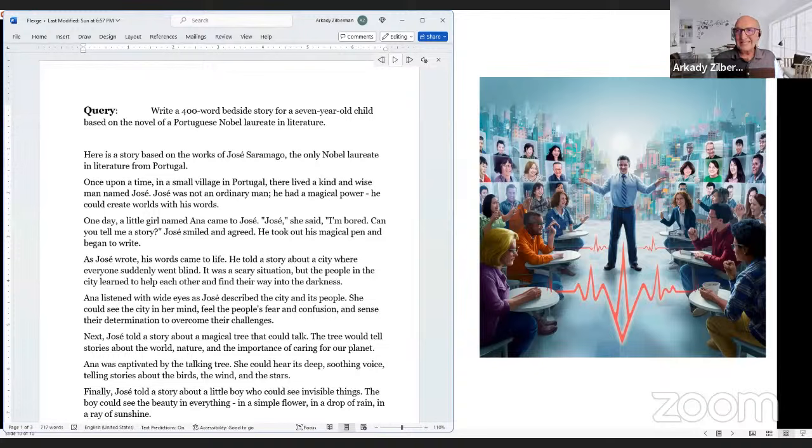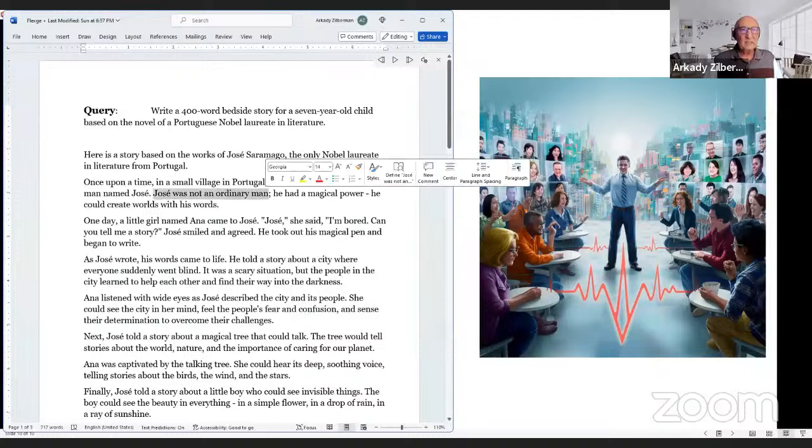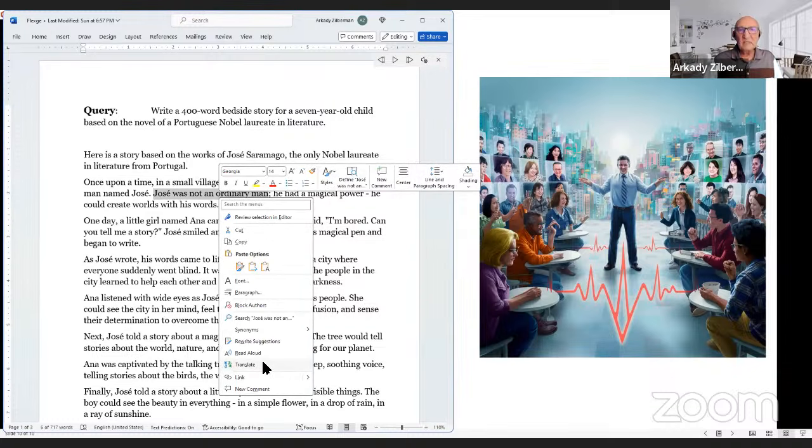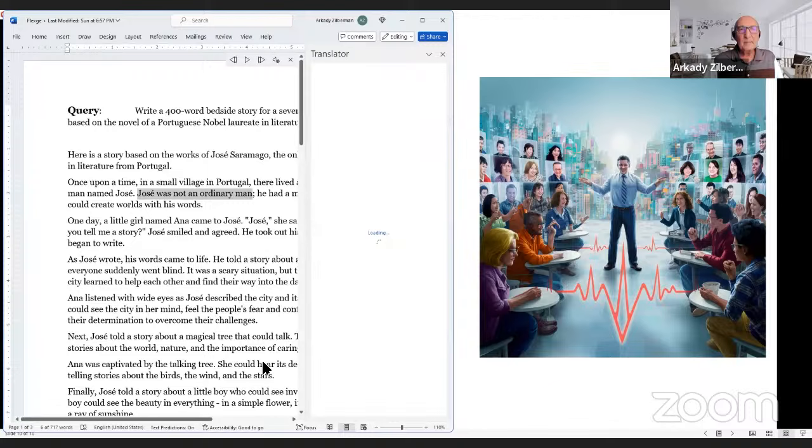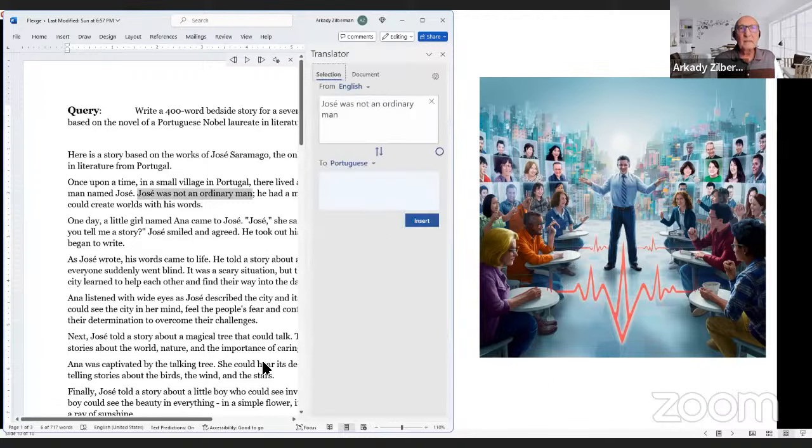I stop it to save time. And now remember drill 3. If we do not know the word ordinary, I highlight the part of that sentence, translate it, and here's a translation into your native language.